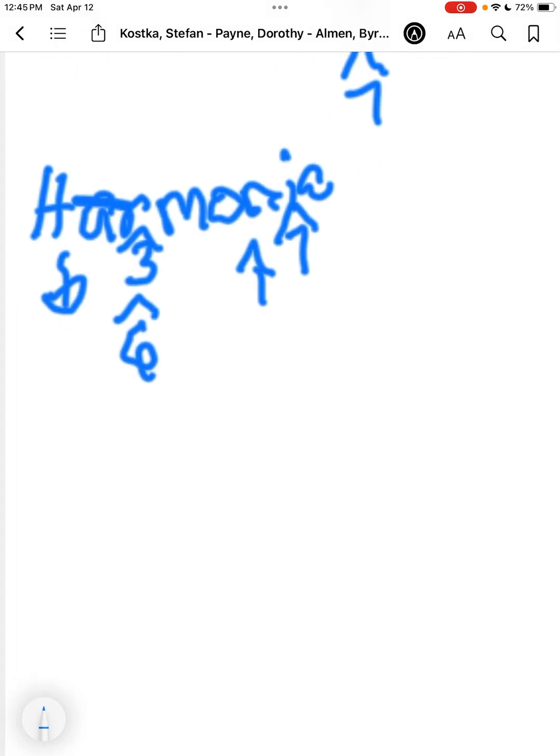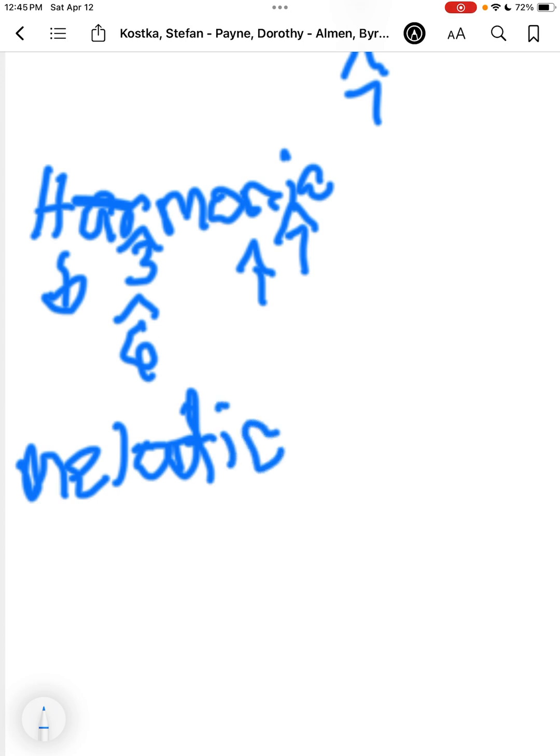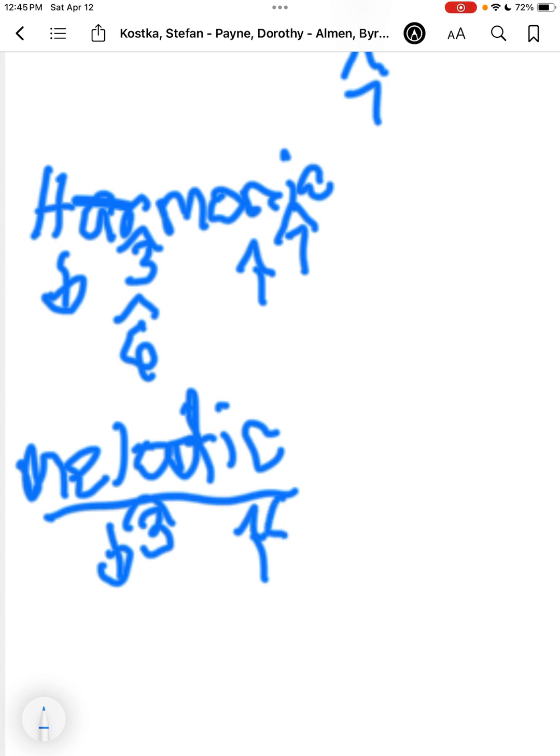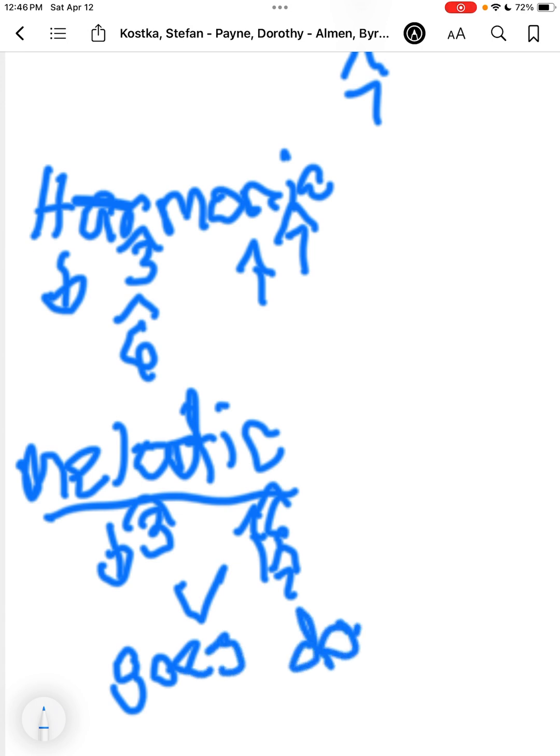And melodic: it lowers 3, raises 6 and 7, and after going back down, it goes down on natural minor.